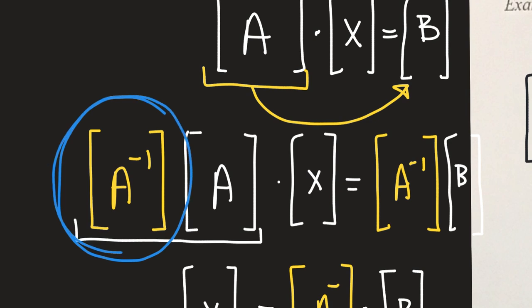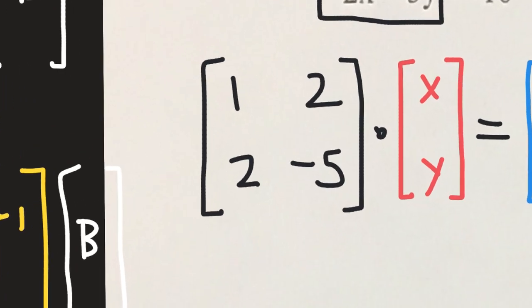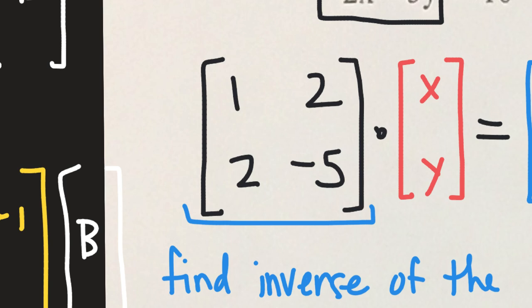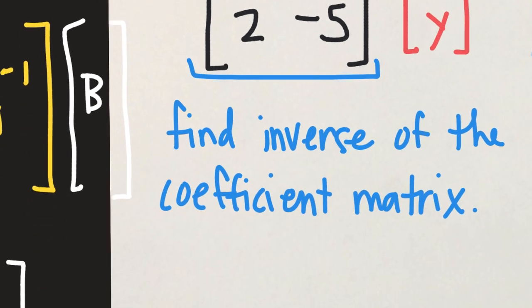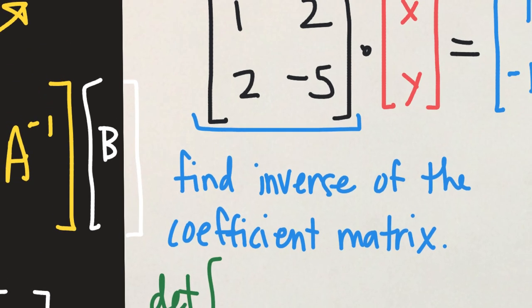Okay, so that's our next job, to find out what the inverse matrix is. We're looking at your coefficient matrix. This is what we're going to find the inverse of. If you remember from yesterday, you find the inverse matrix by first finding the determinant. So we need to find the determinant of our coefficient matrix, 1, 2, 2, minus 5.